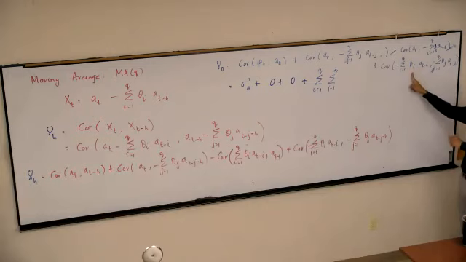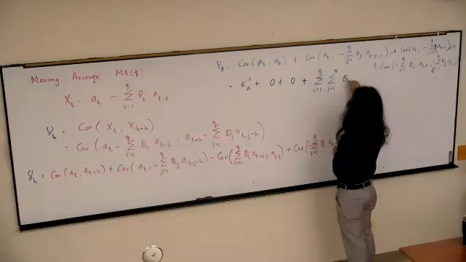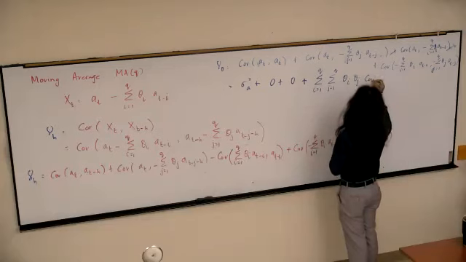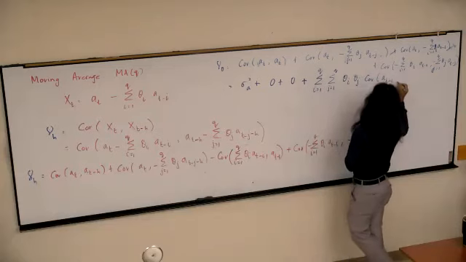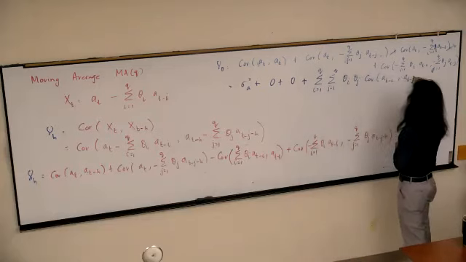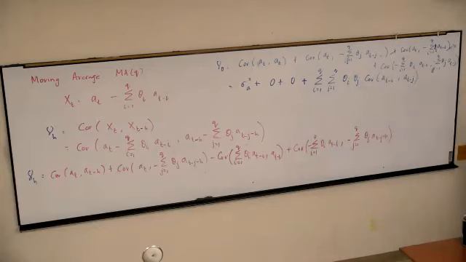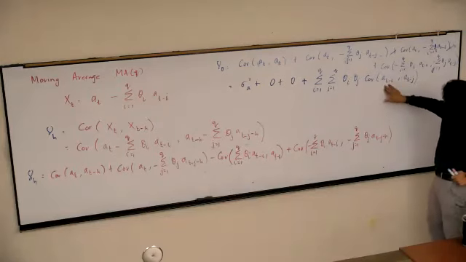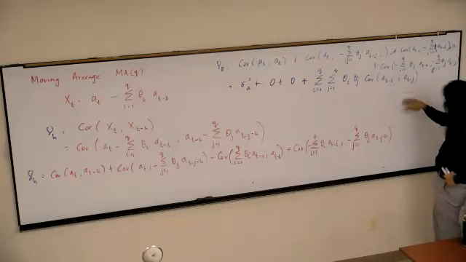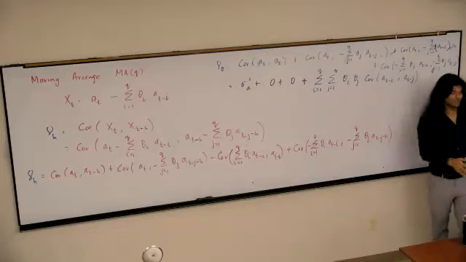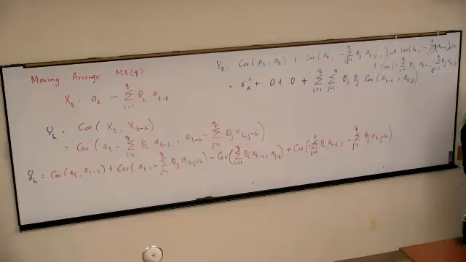I can pull theta i out because it's a constant, theta j out because it's a constant, theta i, theta j, covariance of a sub t minus i, a sub t minus j. What are the cases when a sub t minus i and a sub t minus j match up so you get sigma squared a? i equals j. i has to equal j.